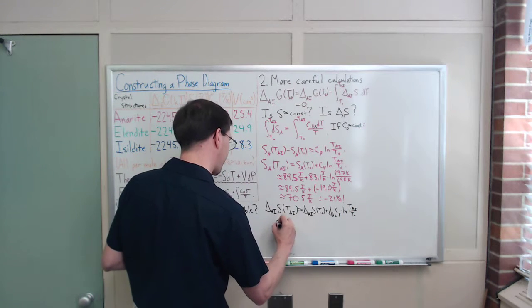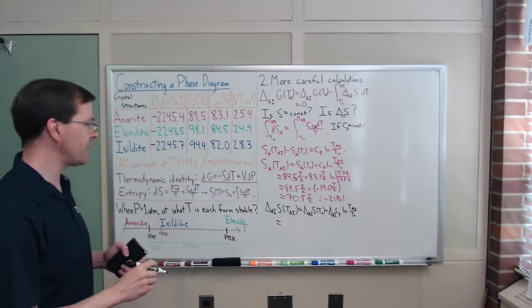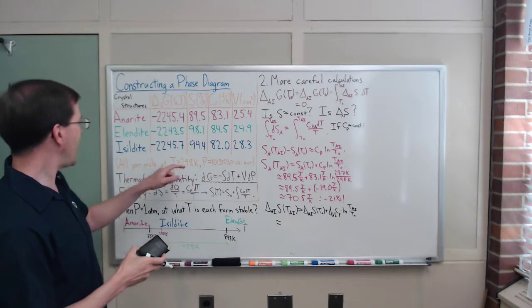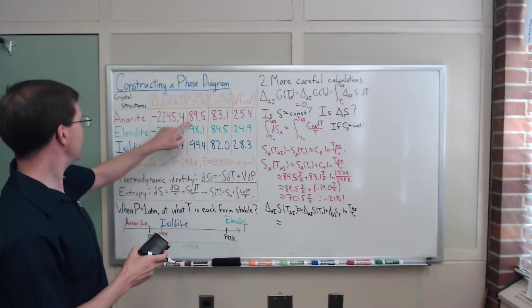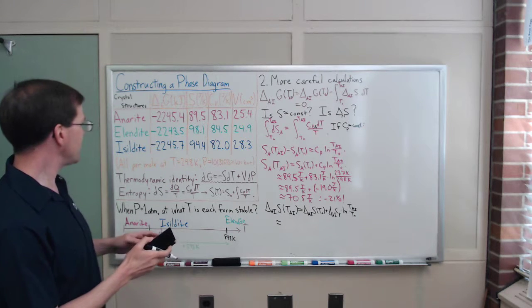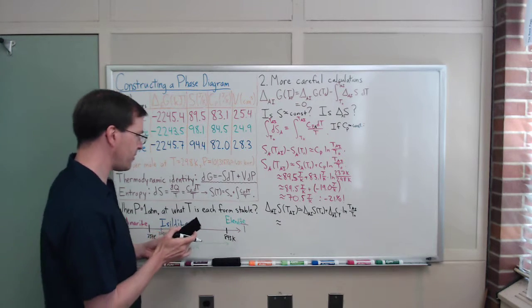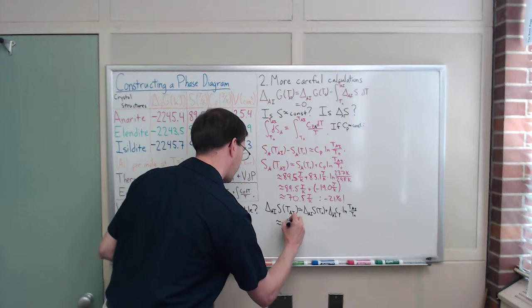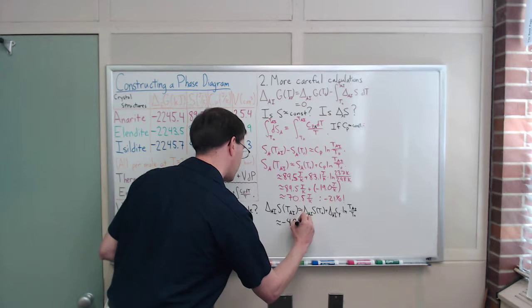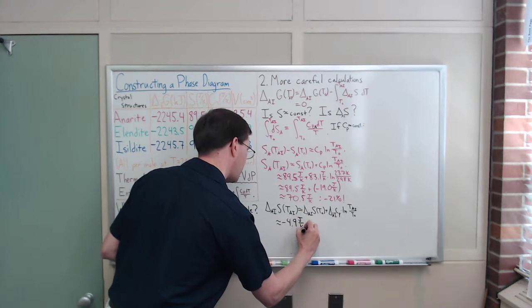And when I put in numbers for this, my delta AI for S, this minus this, gives me minus 4.9, I believe. Minus 4.9 joules per Kelvin.